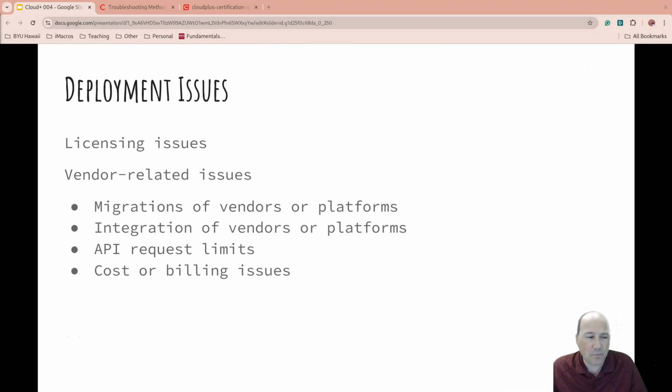Do you integrate properly between your vendors? Did you hit maybe a limit, like the number of API calls you can use for a specific application? If you're doing a lot of custom stuff to your software as a service, you might hit this because vendors may not expect you to hit the API so many times, and they might try to charge you a lot for it.